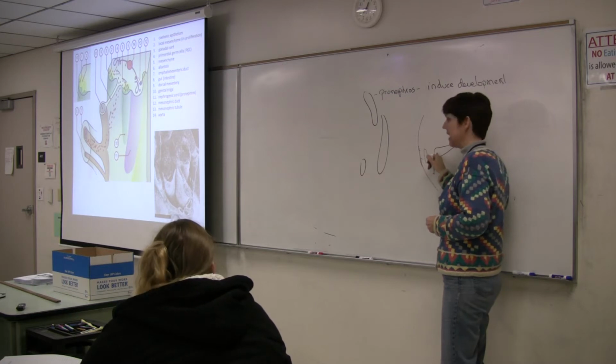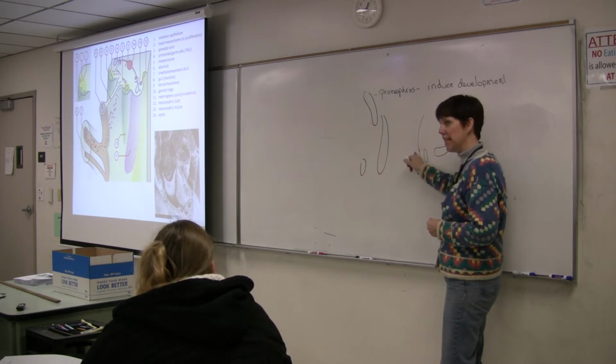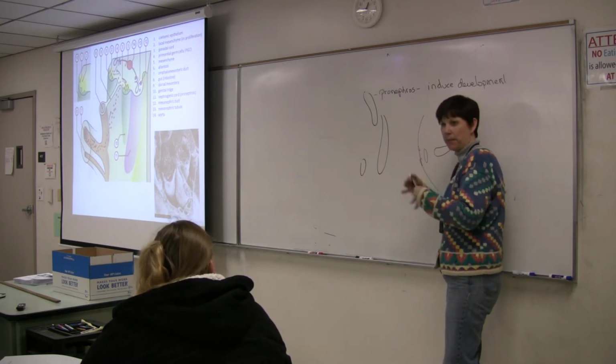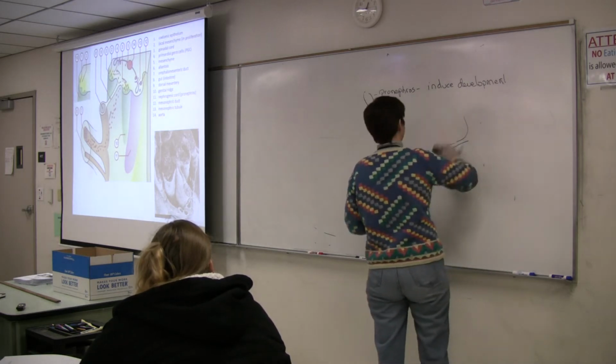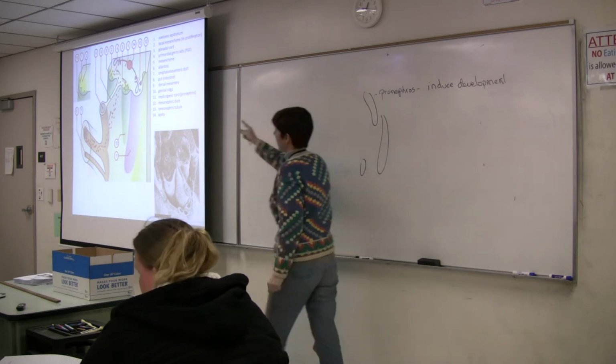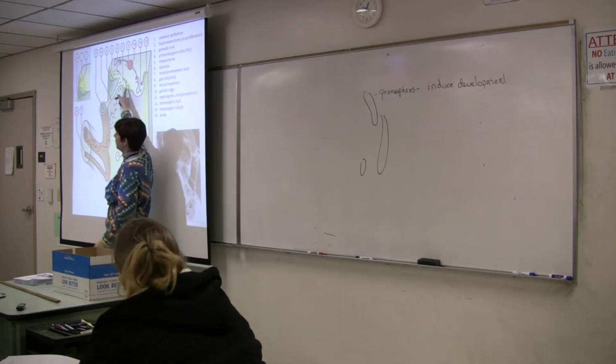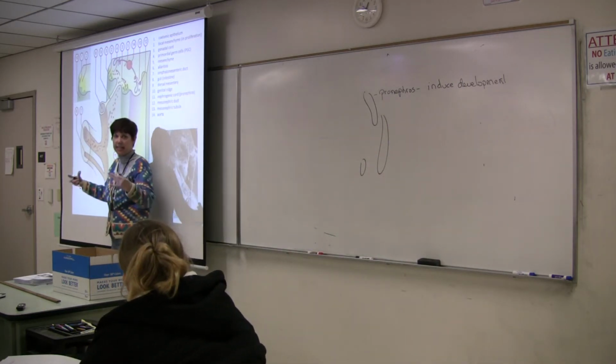The chemicals released from these nerve cells induce these cells to become the lens. That's what we mean by induction, okay? So that's what's occurring here. The pronephros is inducing these cells to become the supportive structures of the testes or the ovaries.